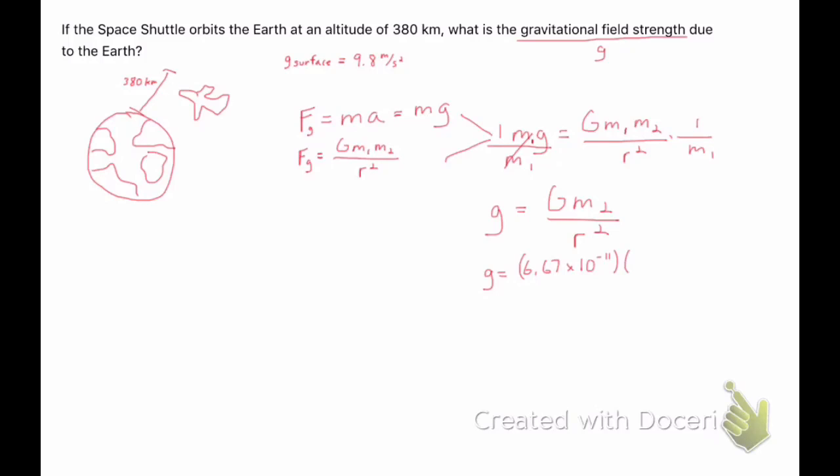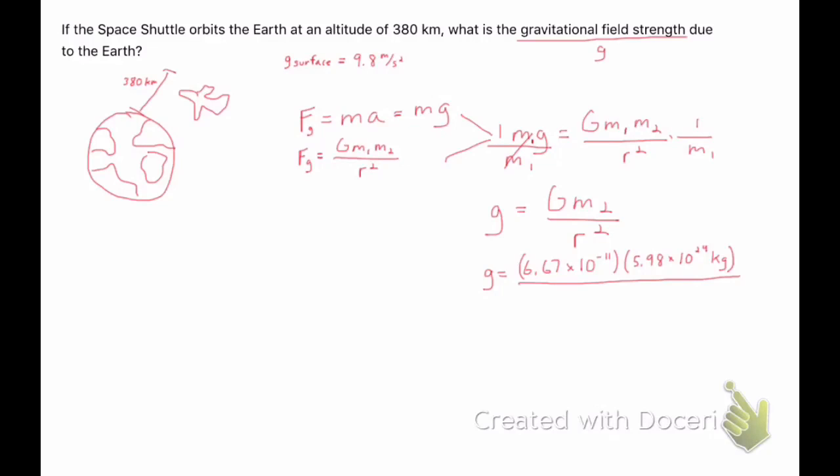So the mass of the Earth we can find from our reference table as 5.98 times 10 to the 24th kilogram. And that whole thing is divided by the distance between the space shuttle and the distance between Earth's surface.